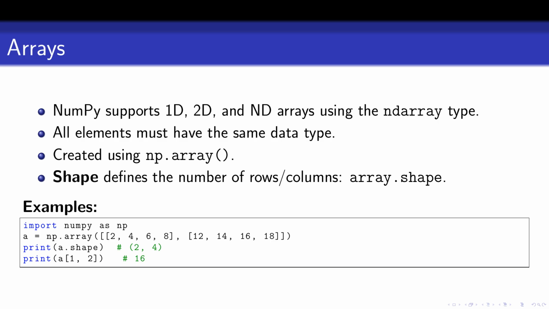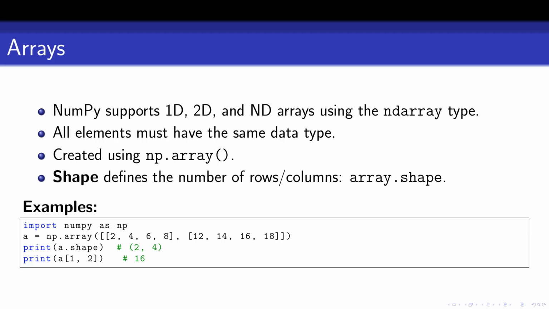NumPy arrays support multiple dimensions and are created using the np.array function. These arrays are of type ndarray, and all elements must be of the same data type, which allows NumPy to perform fast and efficient computations. Arrays can be one-dimensional, two-dimensional, or higher, depending on how the data is structured. For instance, a 2D array might represent a table with rows and columns.